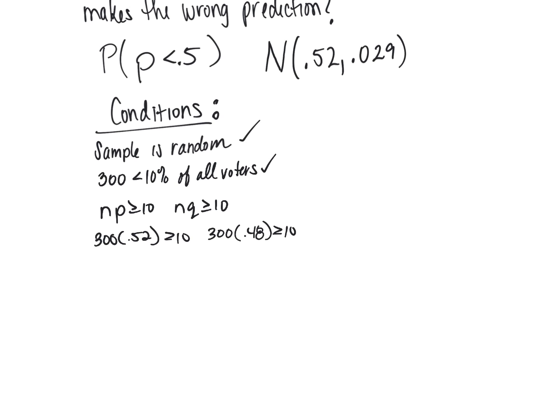If you don't write down the actual number, they take points off on the AP exam. So you have to do 300 times 0.52 in your calculator and write down 156 is greater than or equal to 10. And that means 144 is greater than or equal to 10, because those two numbers should add to 300.